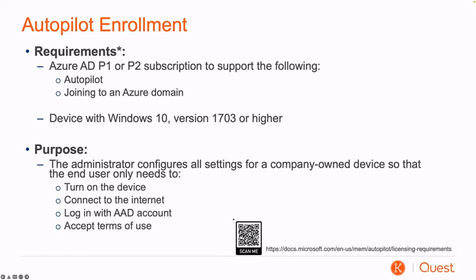As I already explained, the purpose of enrolling devices using Autopilot is that we can order a device and send it directly to the user, to his home office. The user gets a box, opens it, turns the device on, connects to the internet, and can directly log on with his Azure Active Directory account, accept the terms of use, and is ready to go.